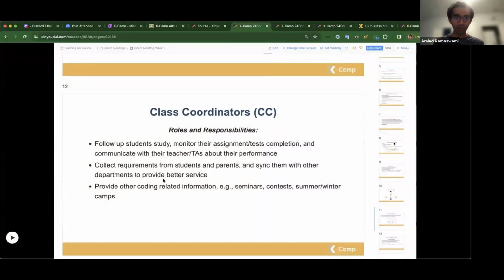How do I exit full screen? Any questions from anyone about the course in general before we start class?